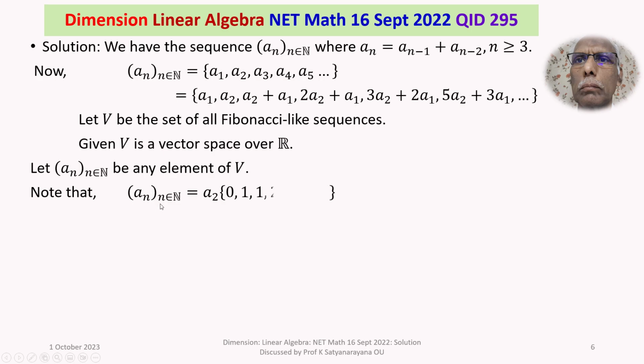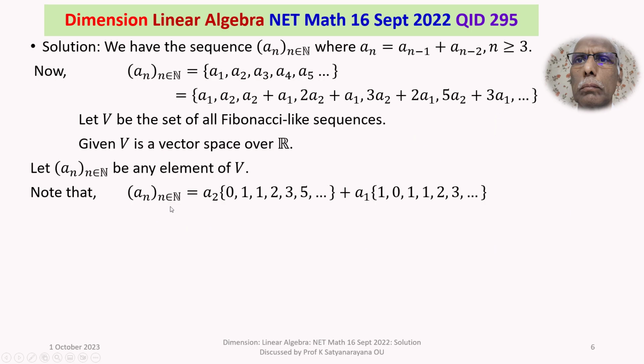Then the sequence a_n, n belongs to N, can be written as a2 times the sequence 0, 1, 1, 2, 3, 5, etc., plus a1 multiplied by the sequence 1, 0, 1, 1, 2, 3, and so on and so forth.